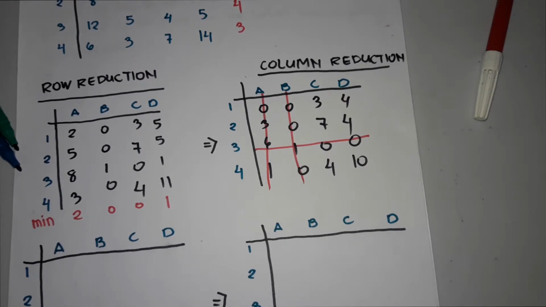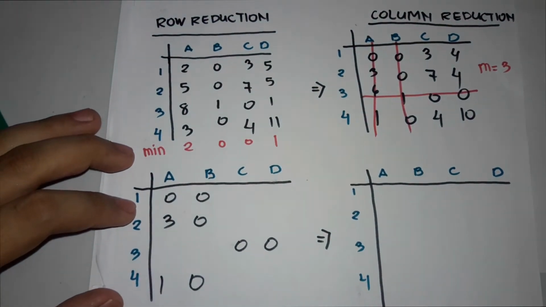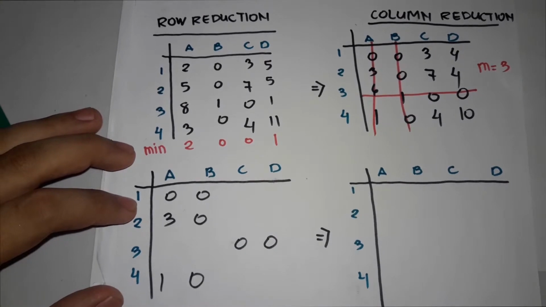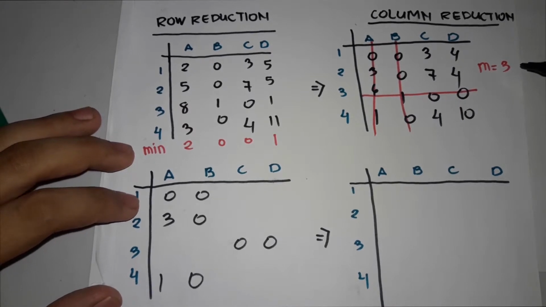From the uncovered numbers, we identify the minimum. The minimum of the uncovered numbers will then be deducted from each of the uncovered numbers. The minimum of the uncovered numbers is equal to 3. So each of these numbers will be deducted by 3.